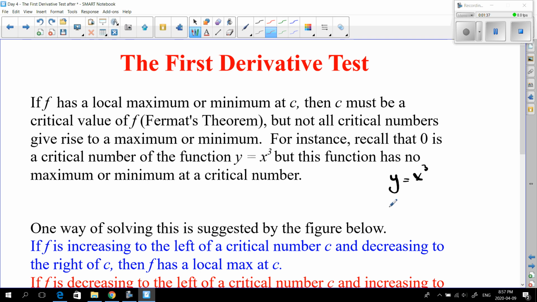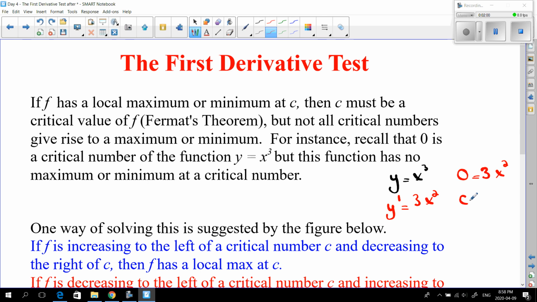The derivative of y is y prime, or dy over dx, and the derivative of x cubed would be 3x squared. Again, recall from last unit, to find the critical values, these x values that cause the derivative to equal 0, we would simply set the derivative equal to 0.